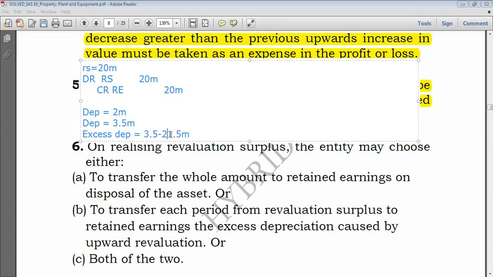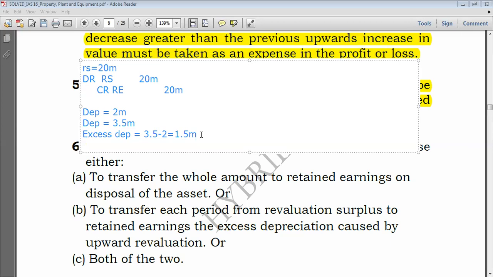So what we do with this excess depreciation, in the statement of financial position at the end of each period, is eliminate it from the revaluation surplus, let's say 1.5 million, and then shift it, as promised, to retained earnings, 1.5 million. This is what we do now.